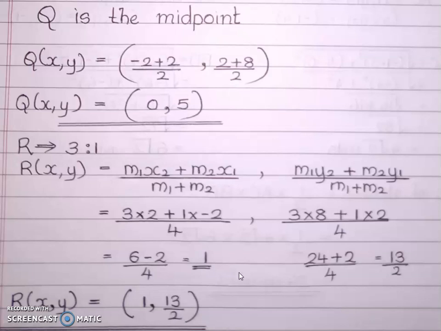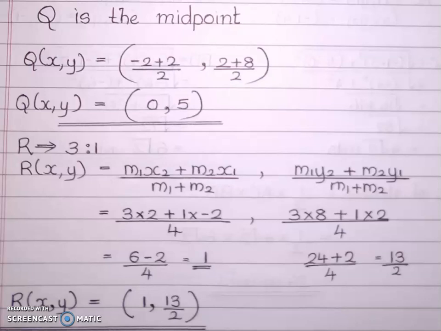So, if a line segment is divided into 4 equal parts by 3 different points, the first point divides the line in the ratio 1:3. The second point divides the line segment in the ratio 1:1. And the third point will divide the line segment in the ratio 3:1. Very important. Keep it in your mind.